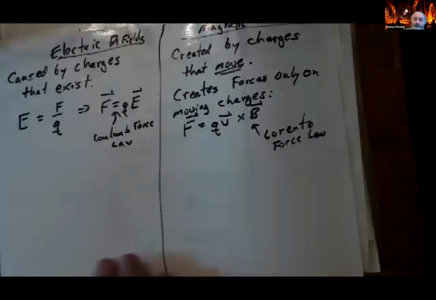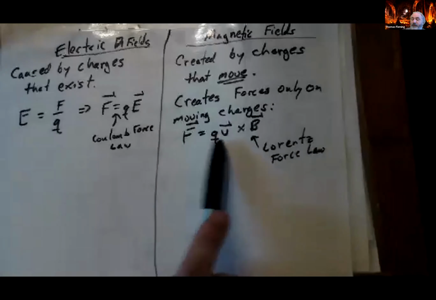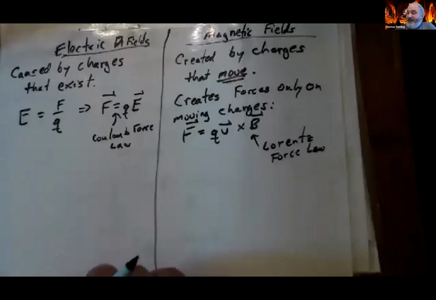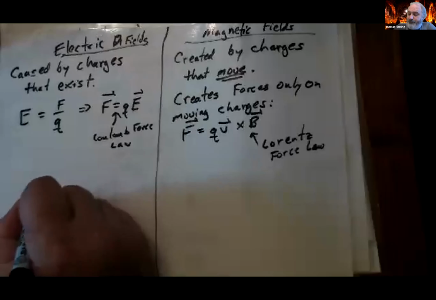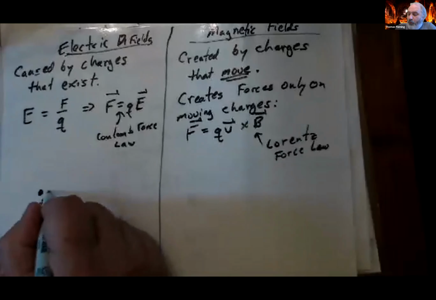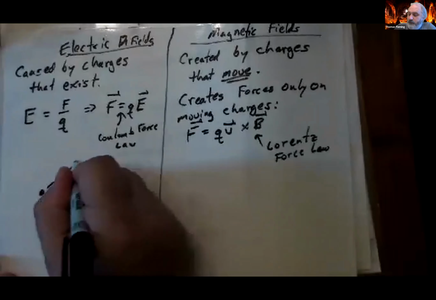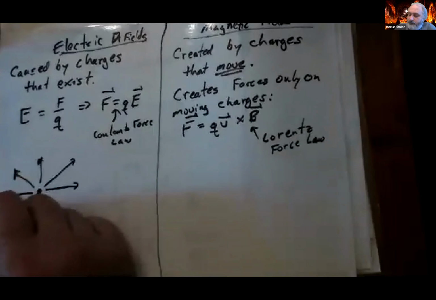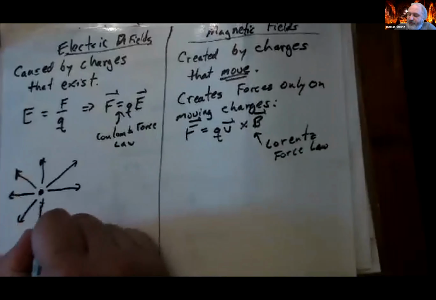So far, that's a really huge difference. We also had a difference in terms of how we visualize the fields. We learned how to draw electric field lines back in chapter 18. And what's going to happen is if I had a single positive point charge, the field lines would emanate away in every direction, right?